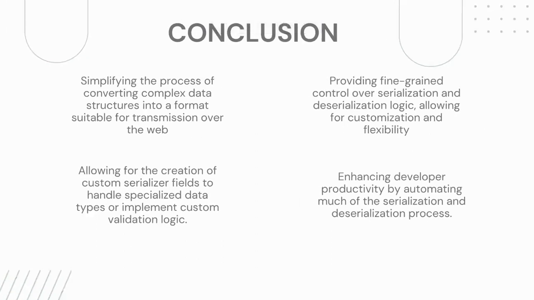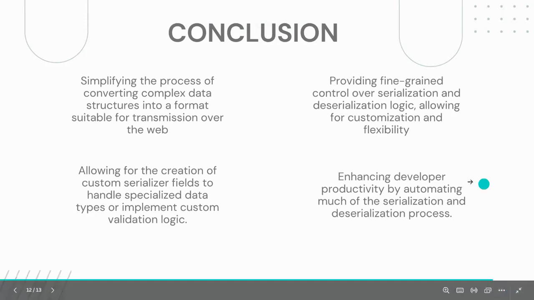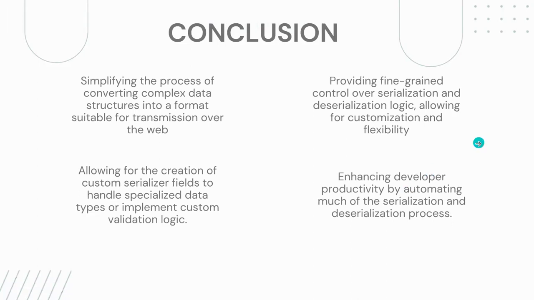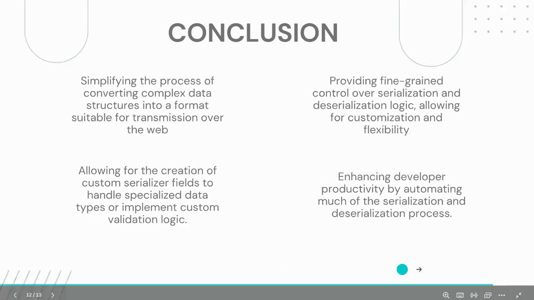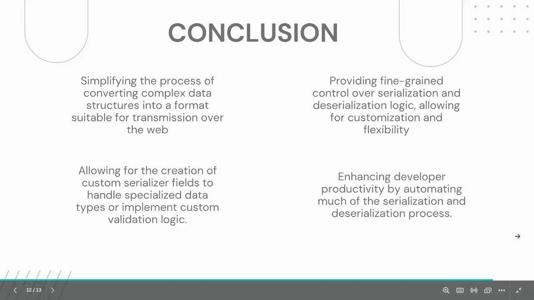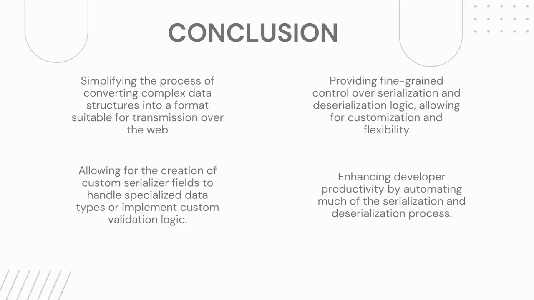And the conclusion: the Django serializer helps simplify the process of converting complex data structures into a format suitable for transmission over the web, providing fine-grained control over serialization and deserialization logic, allowing custom serializer fields to handle specified data types or implement custom validation logic, enhancing developer productivity by automating much of the serialization and deserialization process.